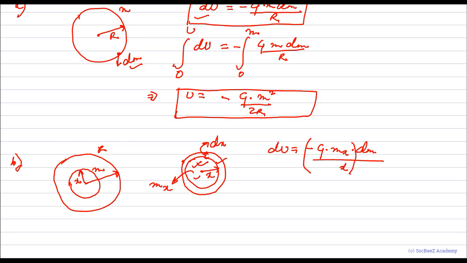Actually this term is the gravitational potential due to this sphere of radius x on its surface. Since this shell of mass dm is being brought onto this sphere, this is actually the potential energy interaction.